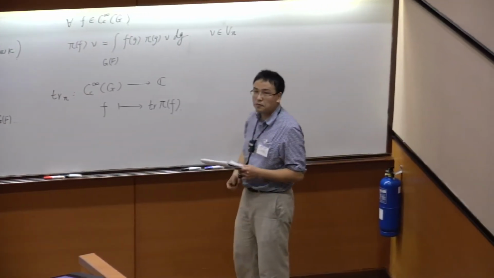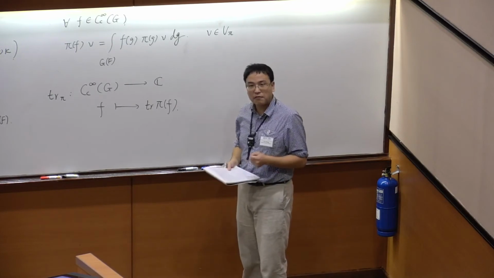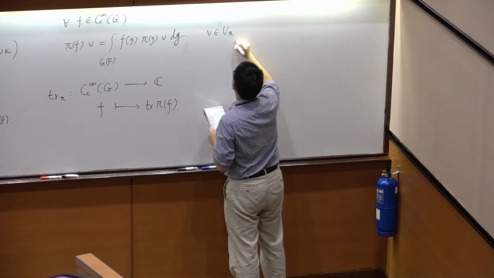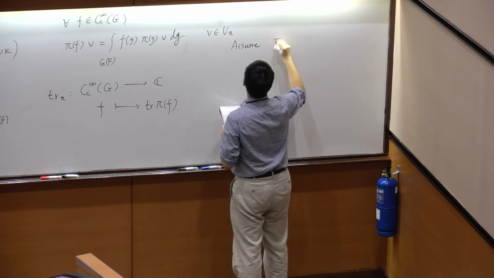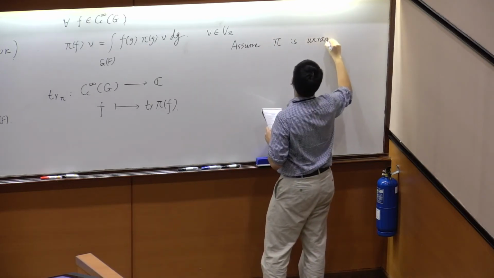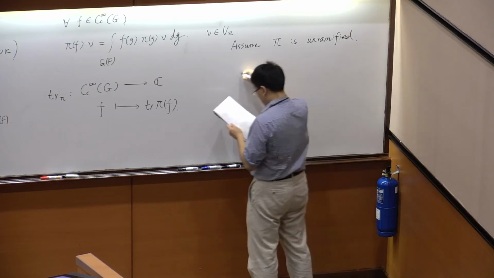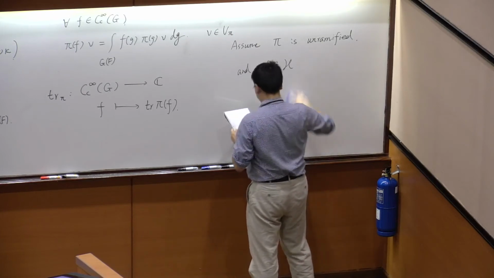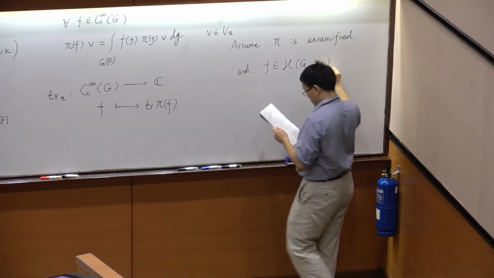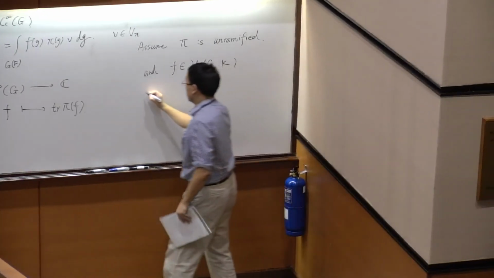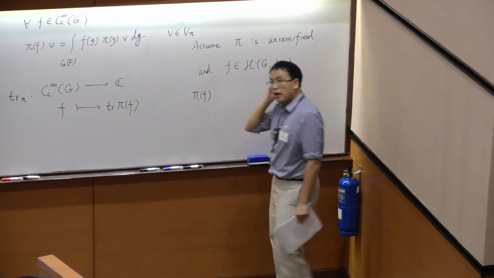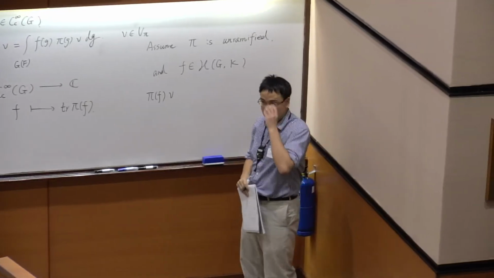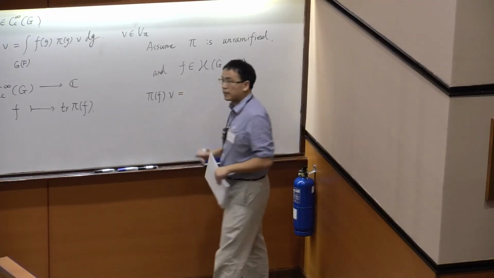If we take f from the Hecke algebra, which means we take it as a K-biinvariant function, then if we consider the operators pi(f) acting on the vectors in the representation, the images always give us K-invariant vectors.